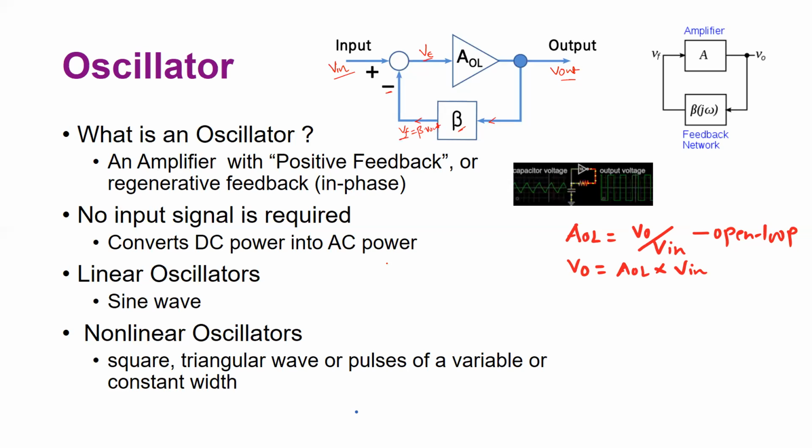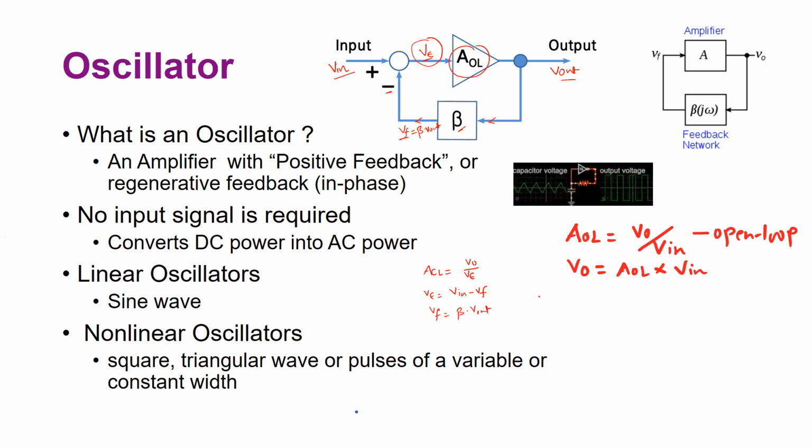So the gain in this case now will be the closed loop gain, so we can write the expression for the closed loop gain. ACL, again, is output divided by input. But the input now is VE, or V error, and we know that V error is basically V in minus Vf, and Vf is beta times V out.